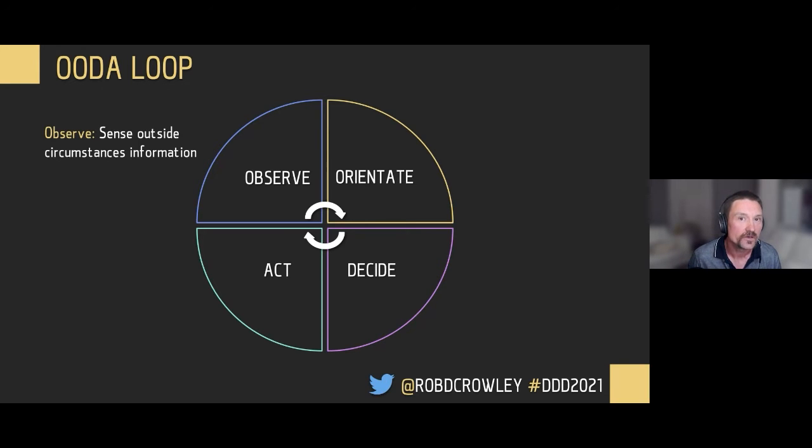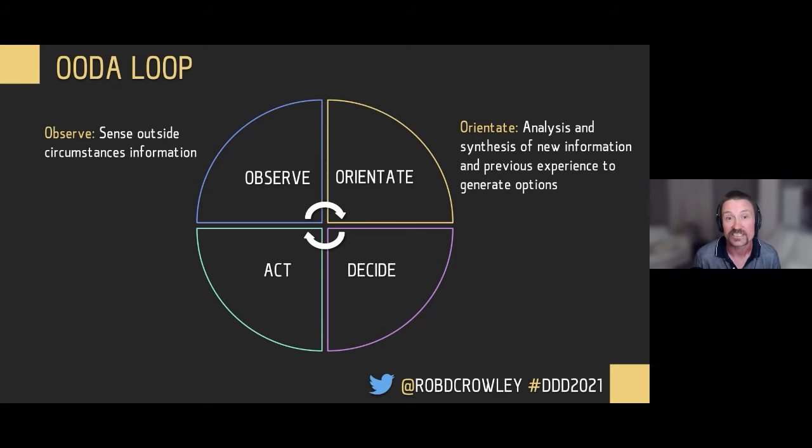Observing is about sensing the outside world, the circumstances, the information. It's that situational awareness. Orientating is then the analysis of this, so understanding that information. So in the case of Microsoft in the first browser war, it's understanding that the strong market position they have in the desktop space allowed them to be more cautious, because they knew they had an opportunity to outpace Netscape.